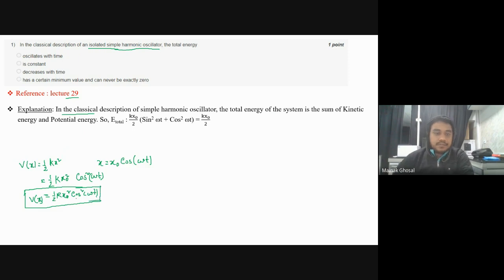Now, if you are going to find the total energy, that is the sum of kinetic and potential energy. The kinetic energy will look like the same thing, just with the cosine replaced by the sine function. So what will be your total energy?